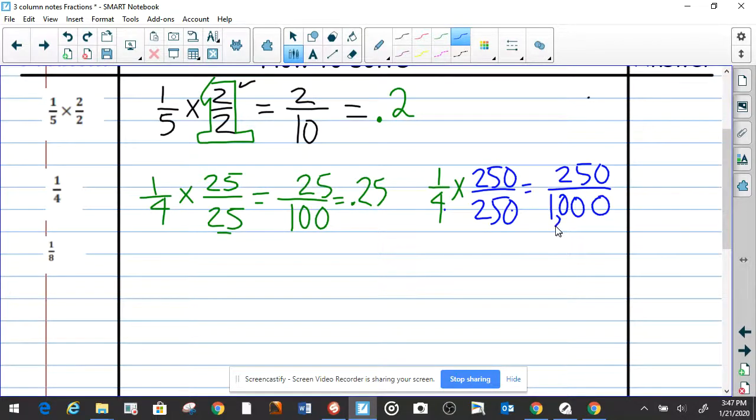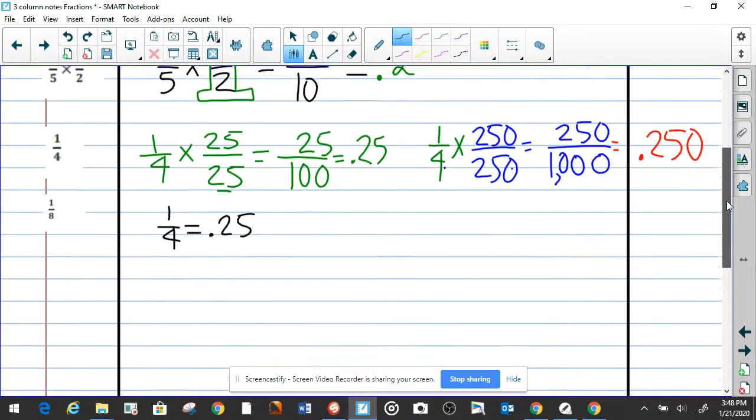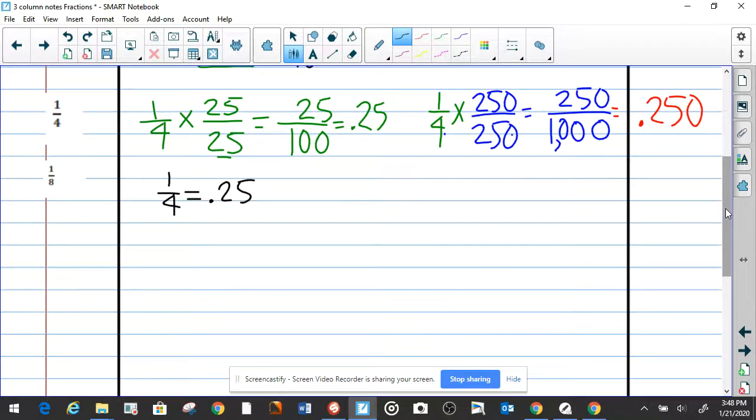As you can see, that is also a decimal, but it's written in the thousandths place. So 1/4 can be written as 250 thousandths. Now, the most obvious answer would be that you know that 1/4 equals 25 hundredths, right? Because it's 25 cents out of a dollar.